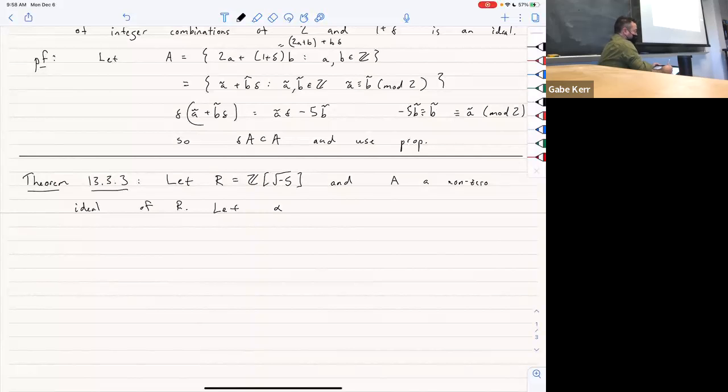What we can do is take alpha in A, a non-zero element of minimal distance to the origin. The minimal norm means the distance to the origin.